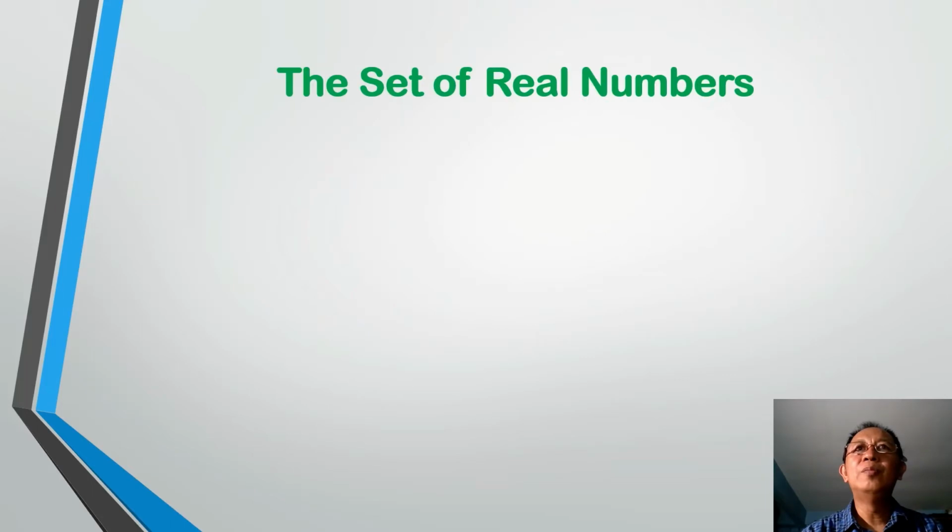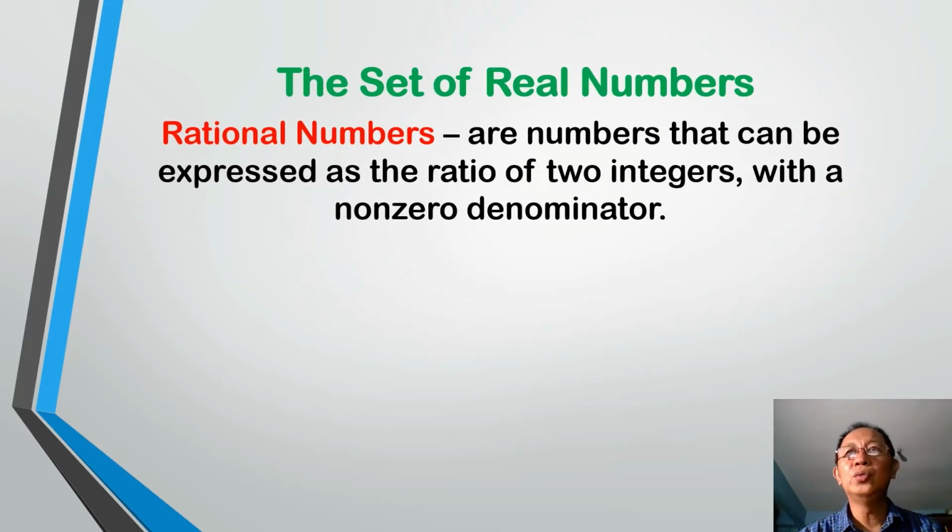The set of real numbers is divided into two groups, or there are two subsets of the set of real numbers. So one subset is the set of rational numbers. If we can express the number as a ratio or fraction in which the denominator is not 0, then that number is a rational number.